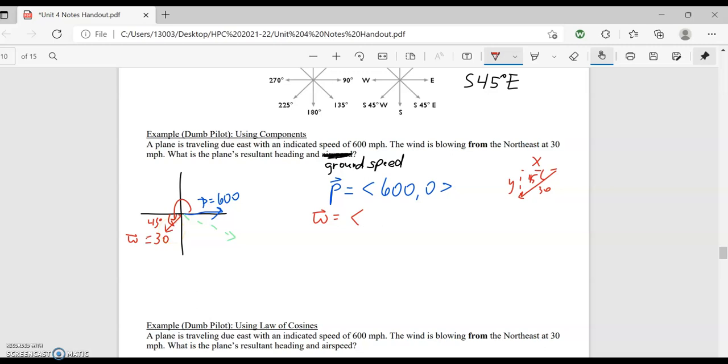So in other words, the wind vector has the magnitude times cosine of your angle, so 225. And then the y component of the vector is 30 times sine of 225.